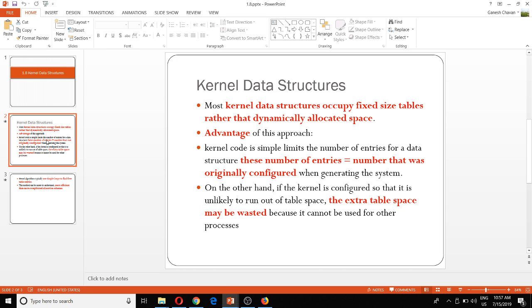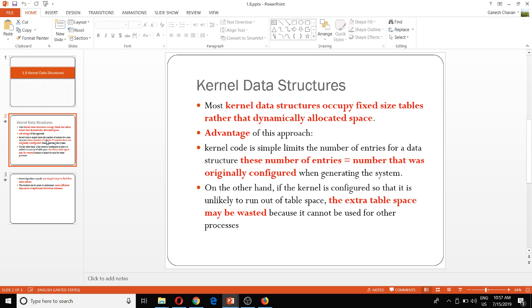Now, here we will understand different kernel data structures. The kernel data structures occupy fixed size tables rather than dynamically allocated space. Advantages of this approach are that kernel code is simple and it limits the number of entries for a data structure. The number of entries equals the number that was originally configured when generating the system.